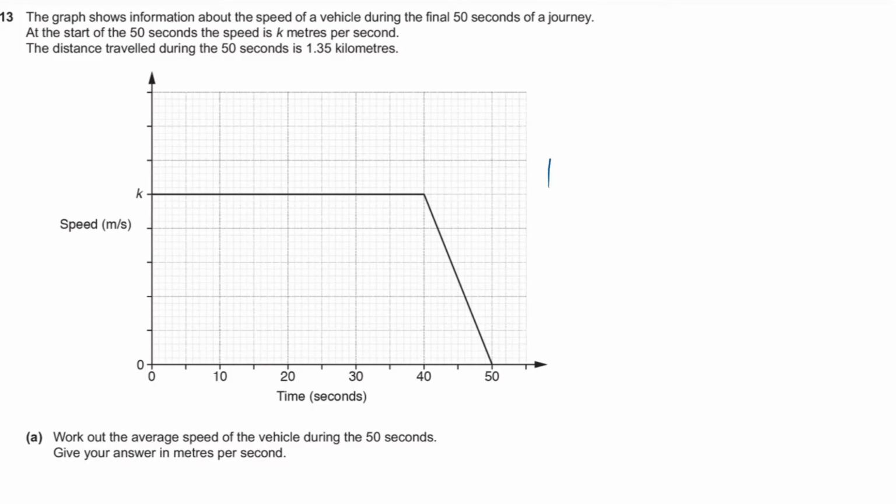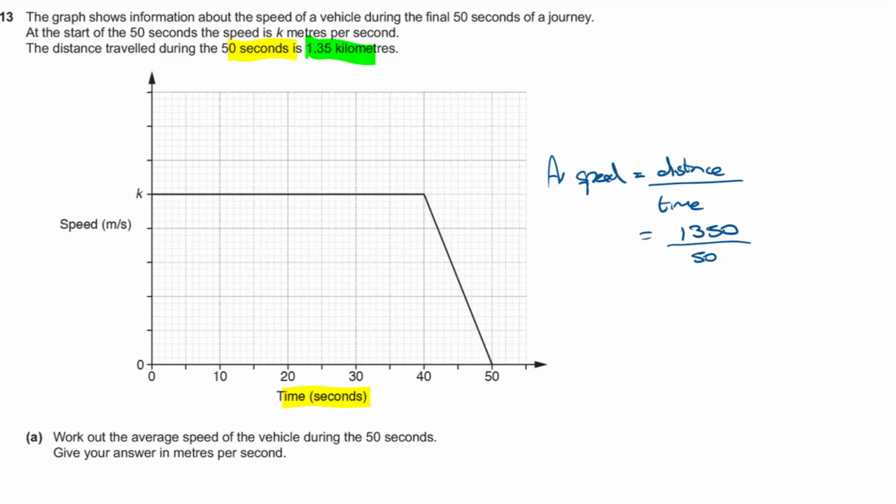Well, average speed is just total distance travelled divided by total time taken. So we can see from both the graph and the question that the time taken was 50 seconds, so that's going to be my divisor, 50. We know the distance is 1.35 kilometers. There's 1,000 meters in every kilometer, so 1.35 kilometers is going to be 1,350.